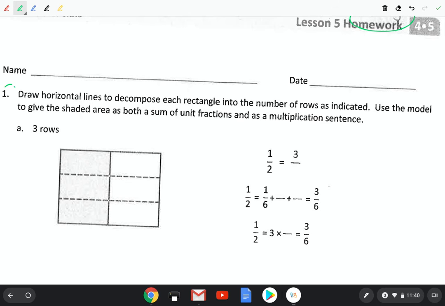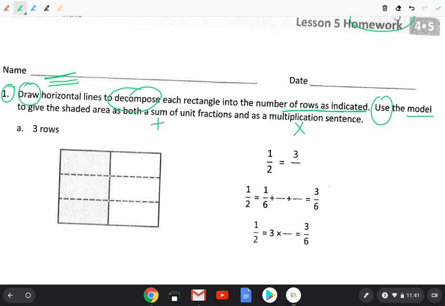It says, number 1, draw horizontal lines to decompose each rectangle into the number of rows as indicated. Okay, and then it says, use the model to give the shaded area as both a sum of unit fractions and as a multiplication sentence.